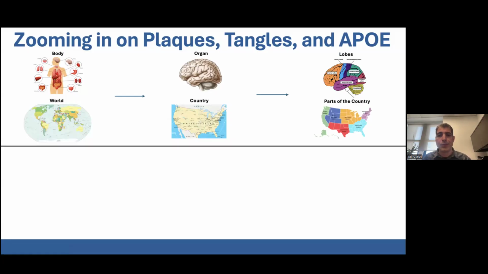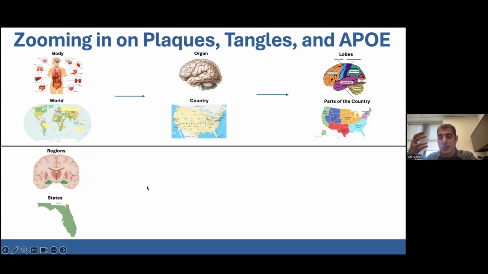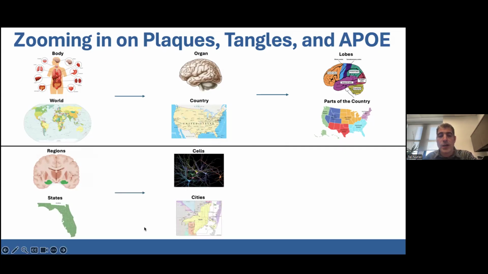And then if you zoom in on one of those lobes, like the temporal lobe, you get to smaller regions. There's lots of smaller regions in the brain, for example, the hippocampus. Just like if you zoom in on the United States, you'll get to smaller states, like Florida.